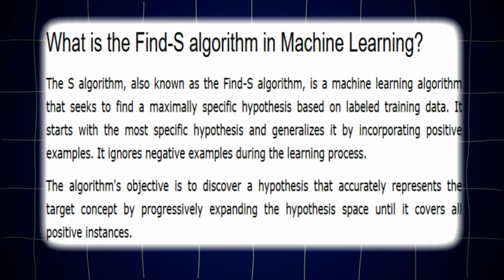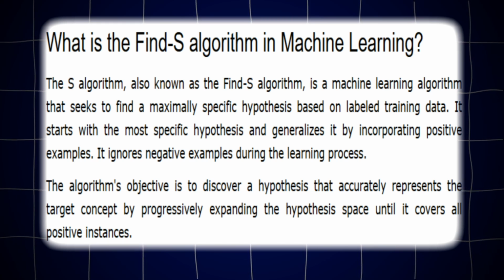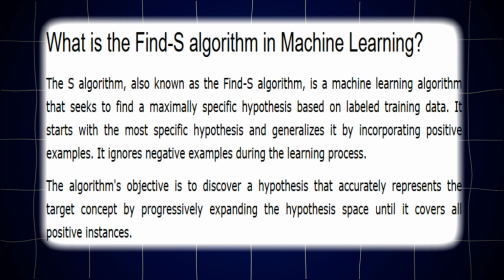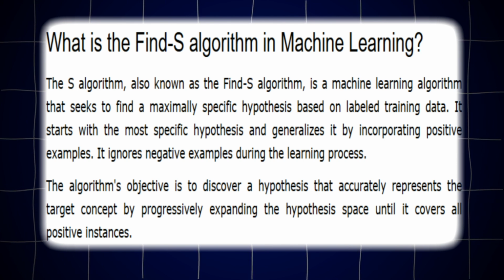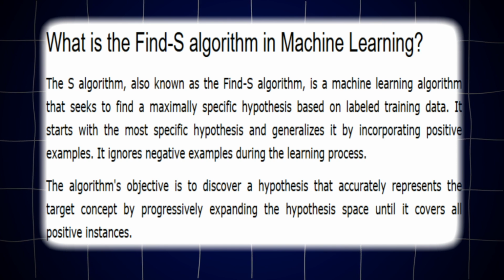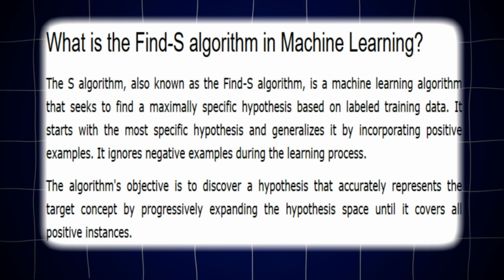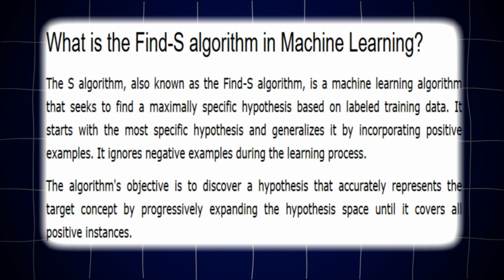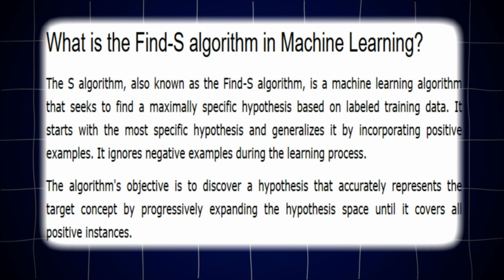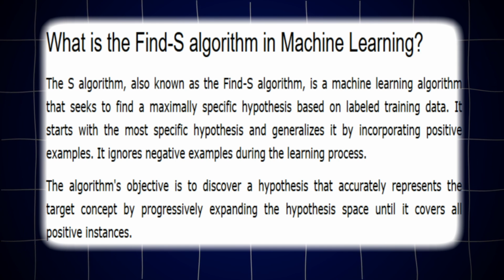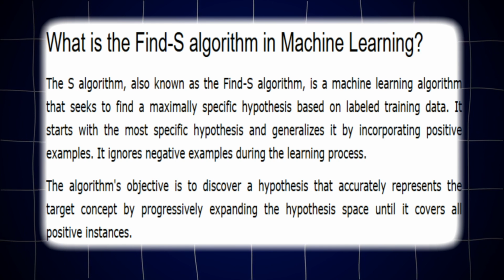Now we're going to understand what the Find-S algorithm is in machine learning. The Find-S algorithm is a machine learning algorithm that seeks to find the maximally specific hypothesis based on labeled training data. It starts with the most specific hypothesis and generalizes it by incorporating positive examples.